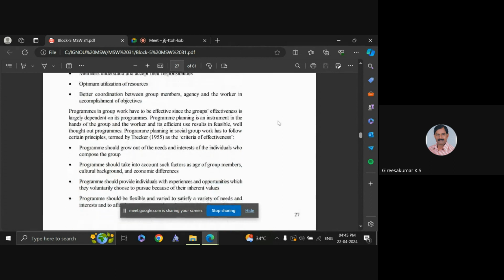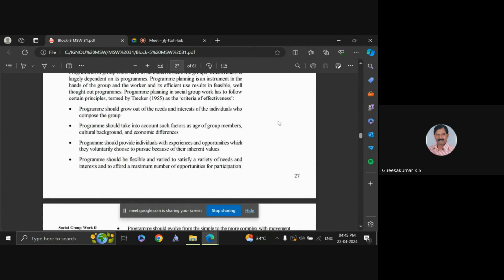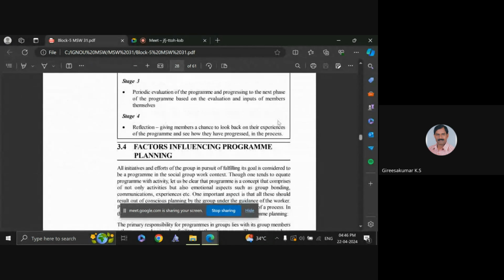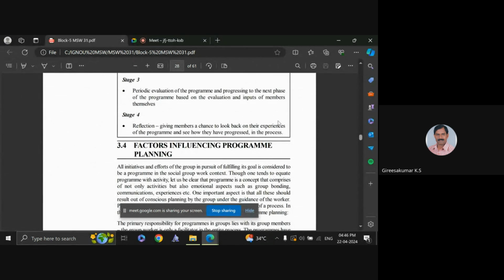It should not be there only in the name of groups, but the group must be active and effective. Also, the group must understand the interests of the people. With this, we finish the third unit.